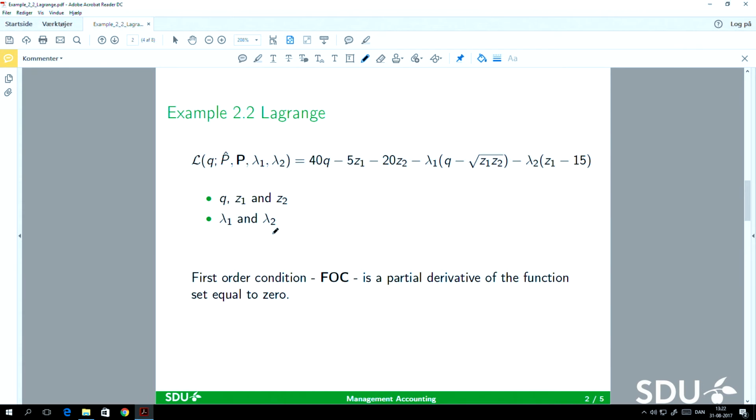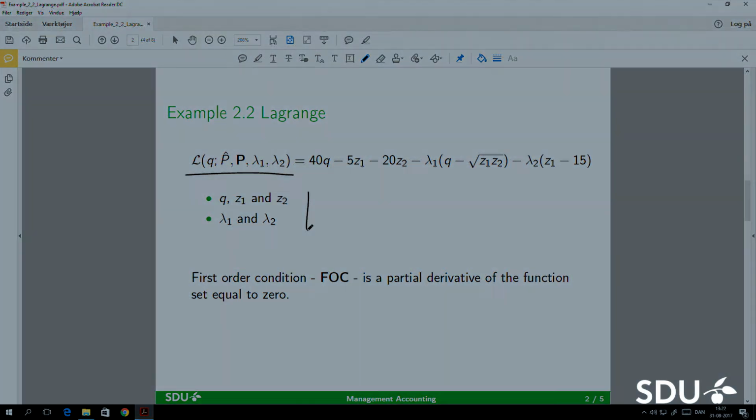What it essentially means is that we're also going to choose whether or not the firm wants the two constraints to be binding or not. We're going to use something called first order conditions, which is nothing but the partial derivative of our Lagrange function with respect to one of the variables, set equal to 0.